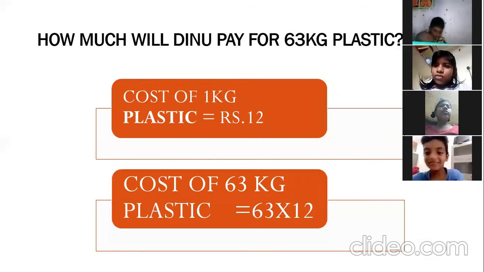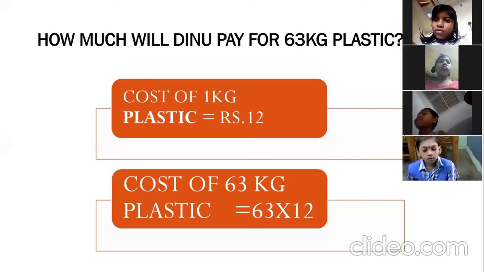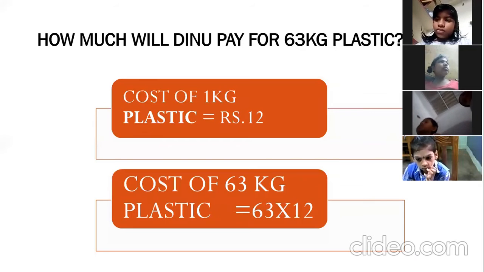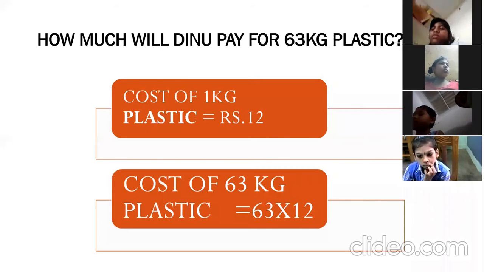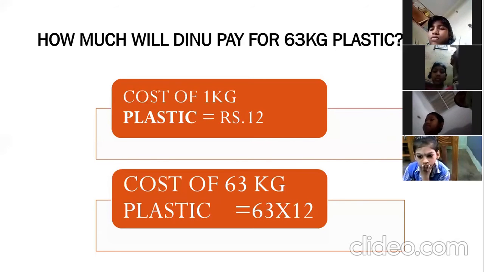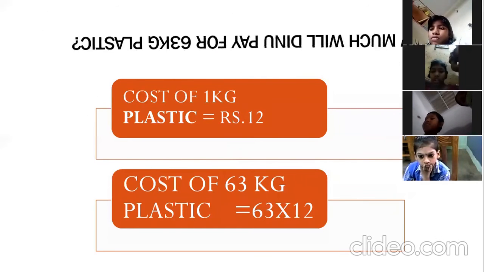How to find 63 into 12? Splitting method. 63 means 60 plus 3. 12 means 10 plus 2. Draw the table and get the value. 63, 10 and 2 multiplication. The question is on the board and I have explained the solution here.